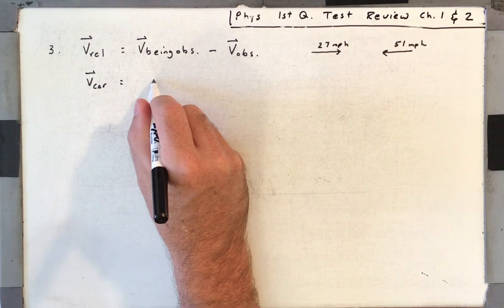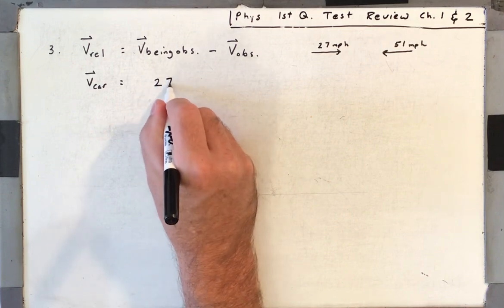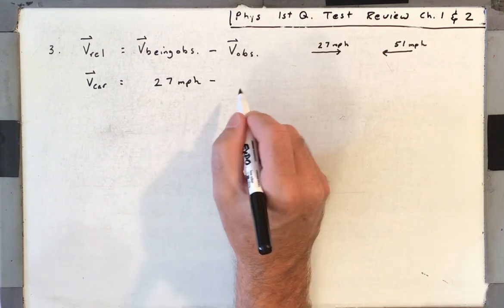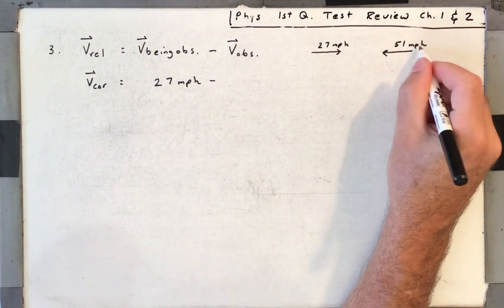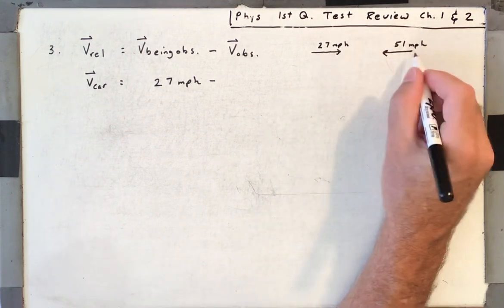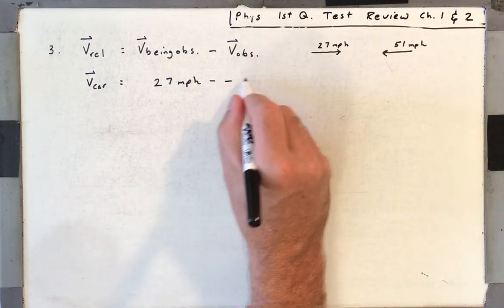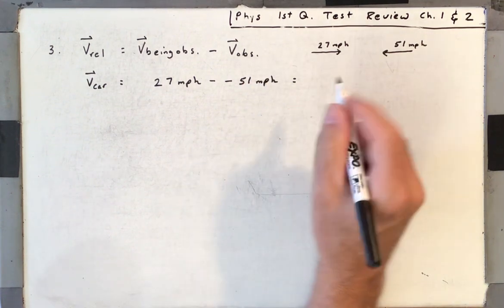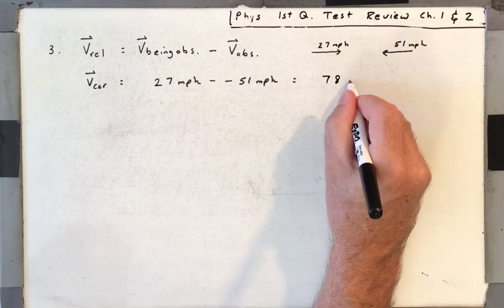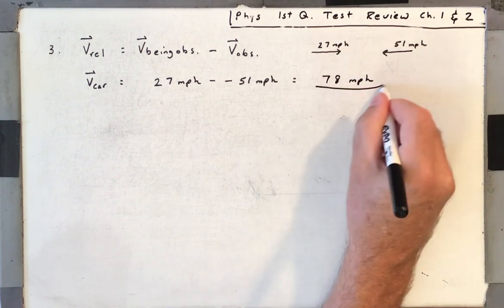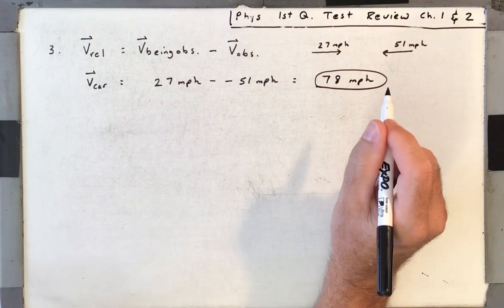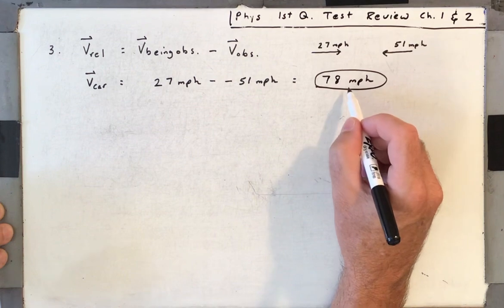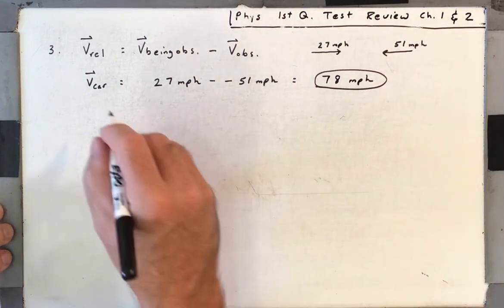So it's what is being observed, the car is 27 miles per hour, minus the truck is going -51 miles an hour, because east is positive, west is negative. So minus -51 miles per hour. So that's going to give you a positive 78 miles per hour. All right, so the truck thinks that the car is coming at it at 78 miles per hour. That's what it looks like to the truck.